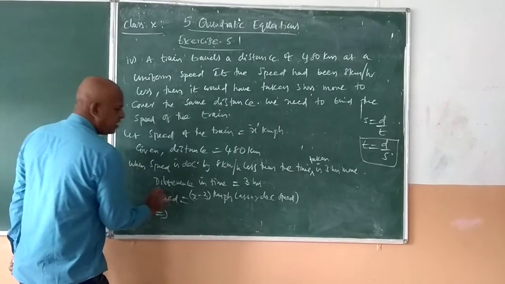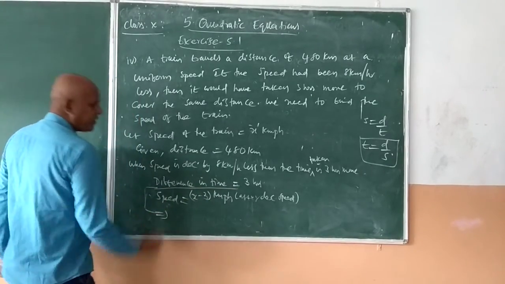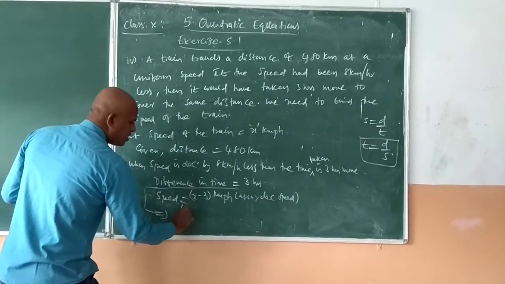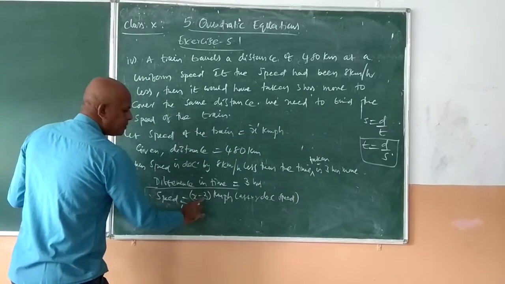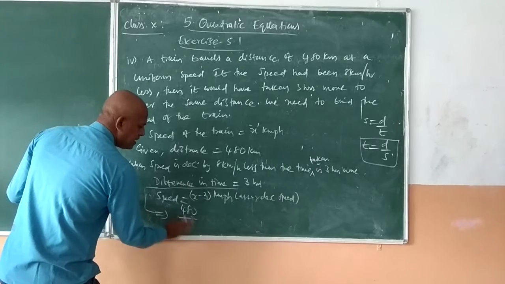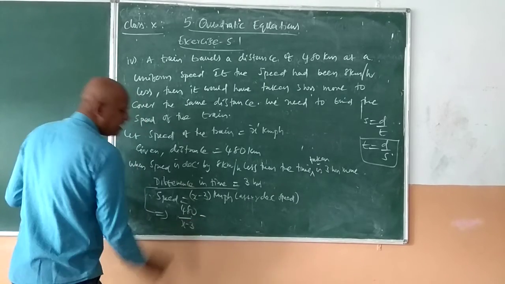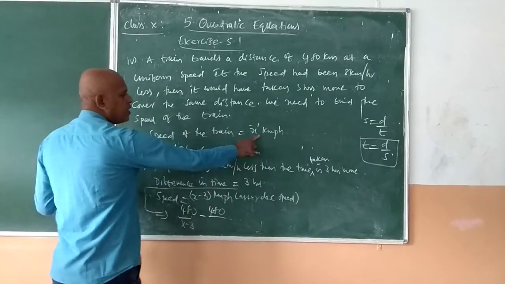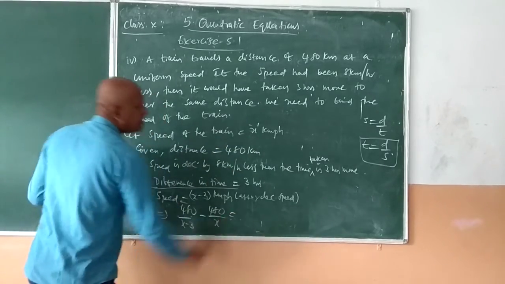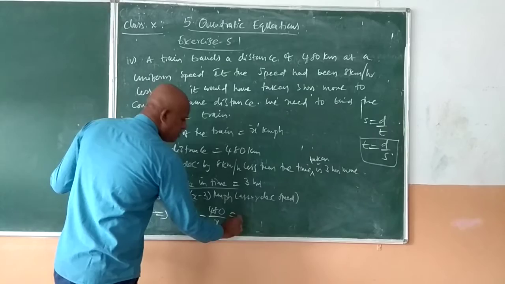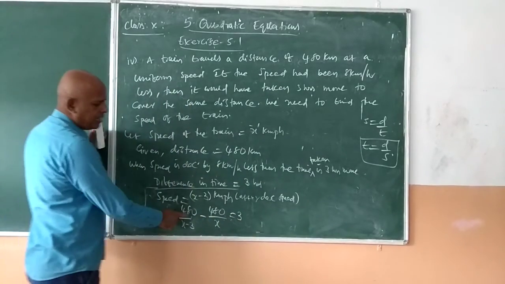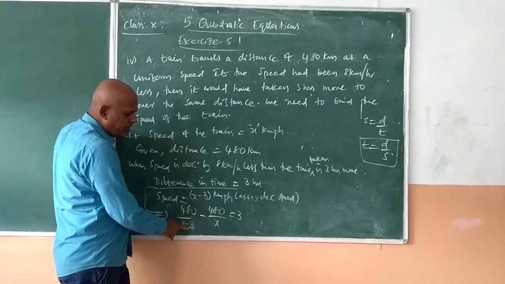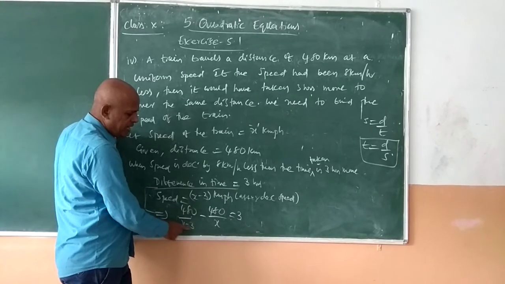So which implies the difference in time is 3 hours. Time is equal to distance by speed. Distance is 480. The speed decreased is x minus 3. So when the speed is decreased, the time is 480 by x minus 3.